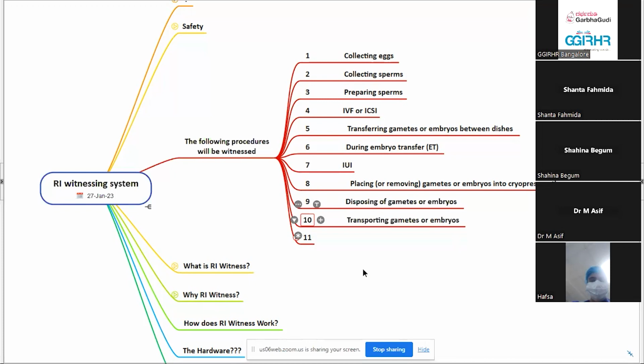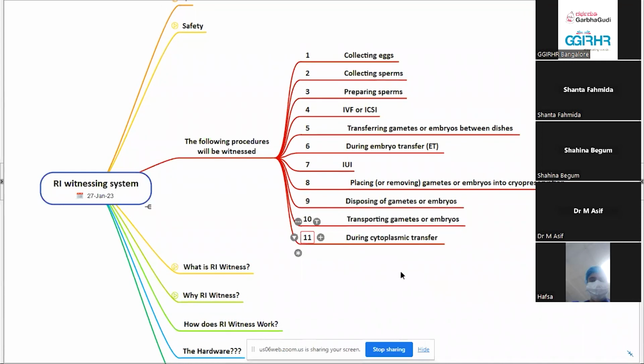During that time also there can be a mix up of the embryos, if the name is similar and documentation is not proper. So during that time, this RI system can witness the proper embryo straws for transportation.